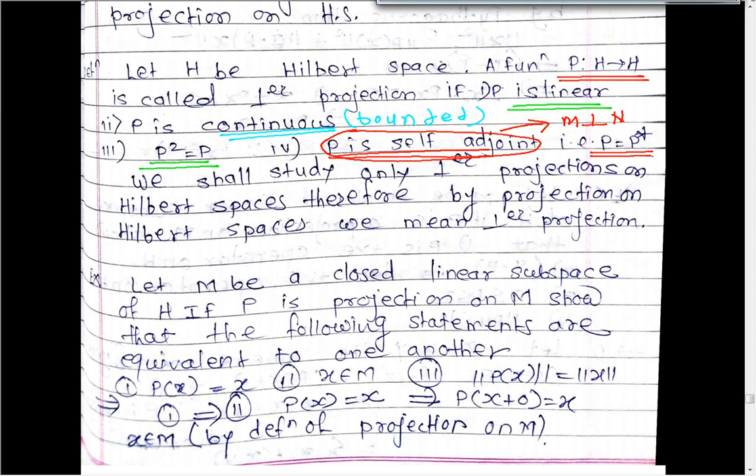So throughout this section, projection will always mean a perpendicular projection. So projection is nothing but a perpendicular projection. Okay. So projection satisfies these four properties: linearity, continuity, and P composition P equals P. Further, it is self-adjoint, that is, range and kernel are orthogonal to each other.